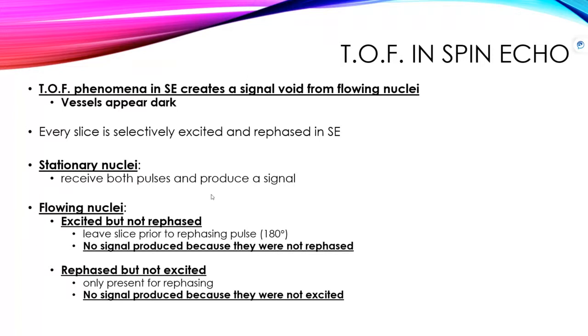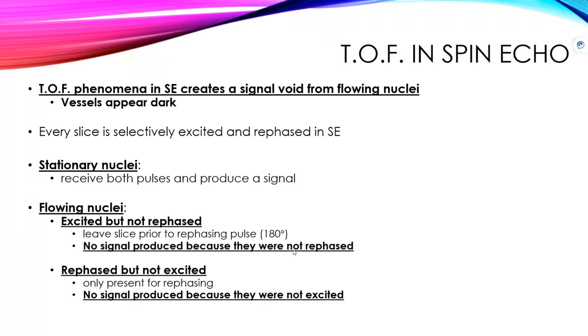Flowing nuclei, however, may or may not get both pulses, and typically will not get both pulses because they're moving and the pulses take time to happen. So they could be excited but not rephased, which means that they're going to leave the slice before they get the 180-degree rephasing pulse. Because they're not getting both pulses, they're not producing a signal.